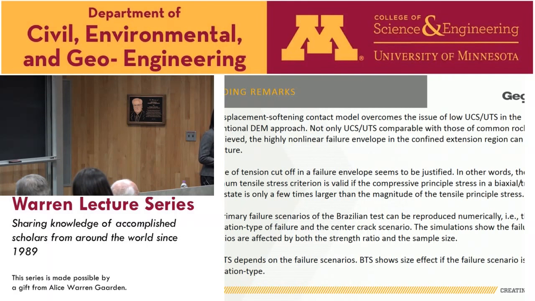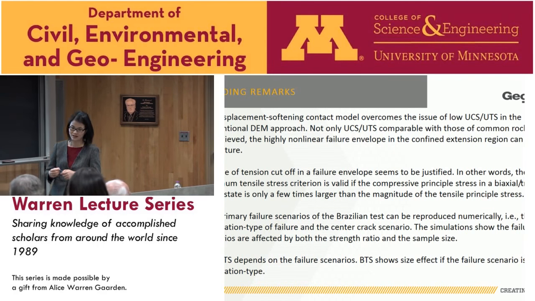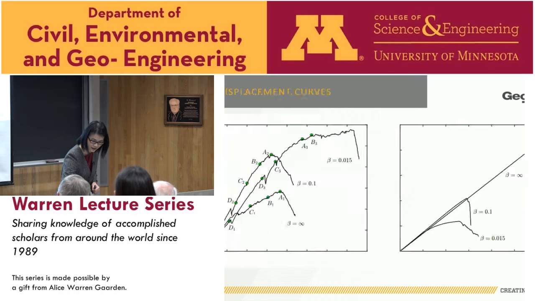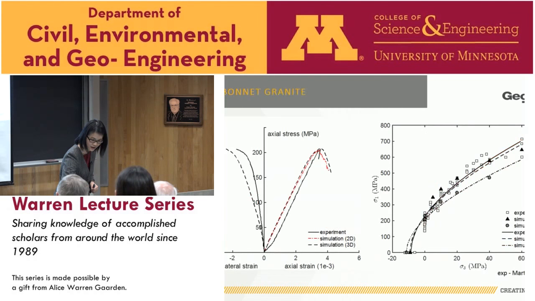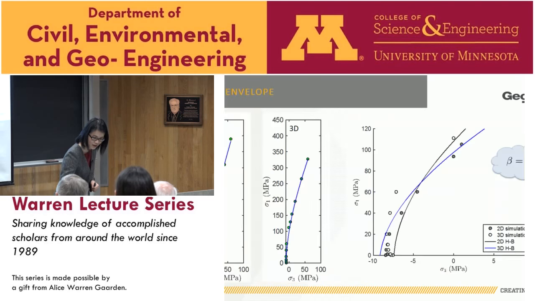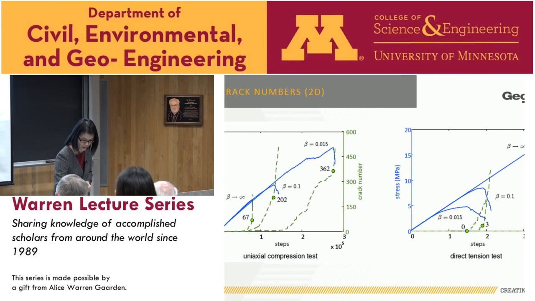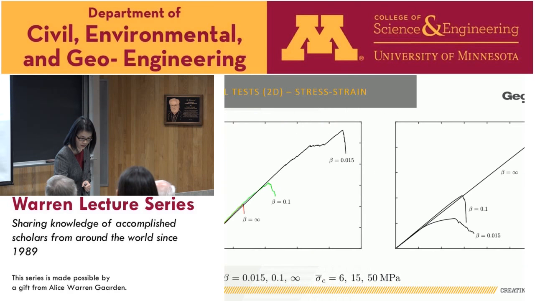Can you bring the slide where you show, I think, the compressive strength as a function of beta? You have a plot there. Because I'd like to go back. No, you had plots where you just show the bonds being broken for three values of beta, if I recall correctly.